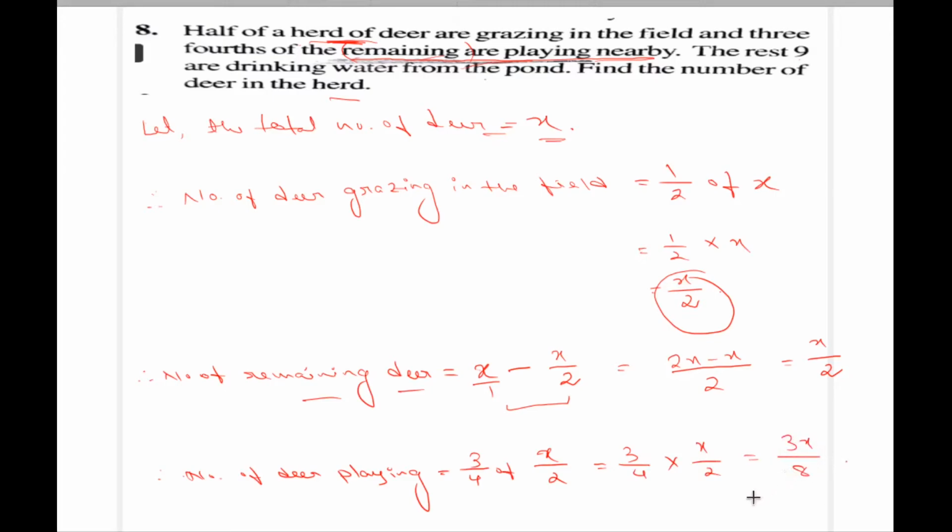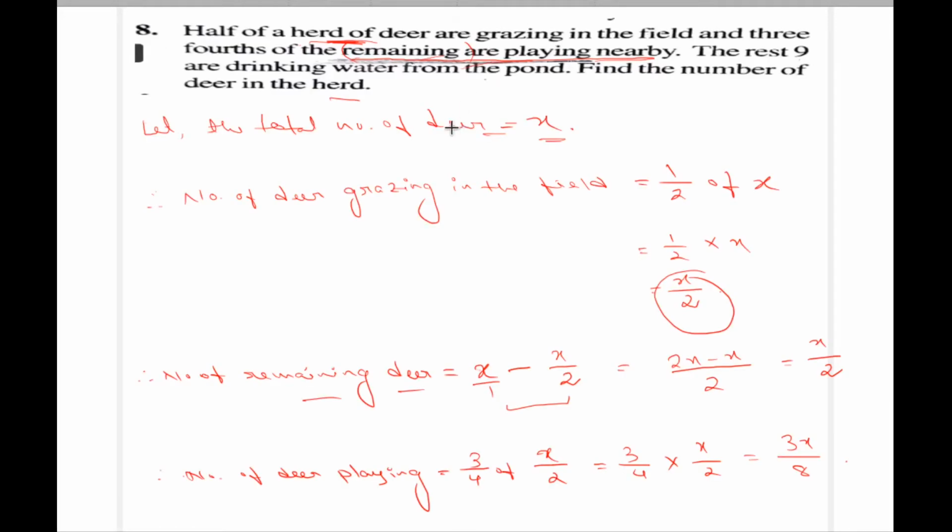Yes. And the last is given: the rest 9 are drinking water from the pond. So the number of deer drinking water equals 9. So this is given in our question, and from here only we have to solve it. Okay. So find the number of deer in the herd.